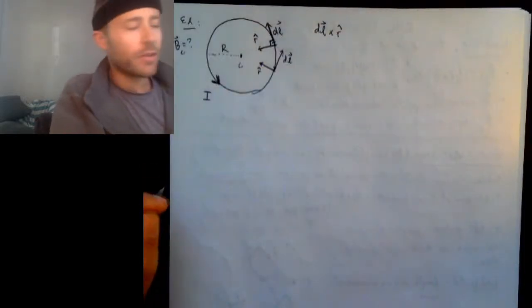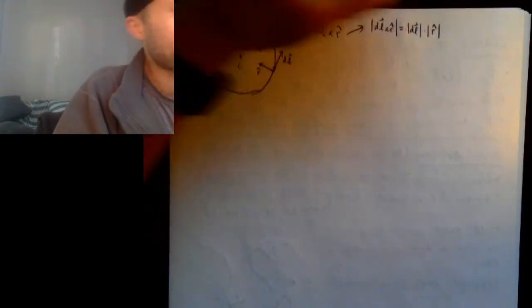So first, let's get the magnitude. The magnitude of the dL vector cross r hat is going to be the magnitude of the dL vector times the magnitude of r hat times the sine of the angle between them. Now, what is the angle between them?